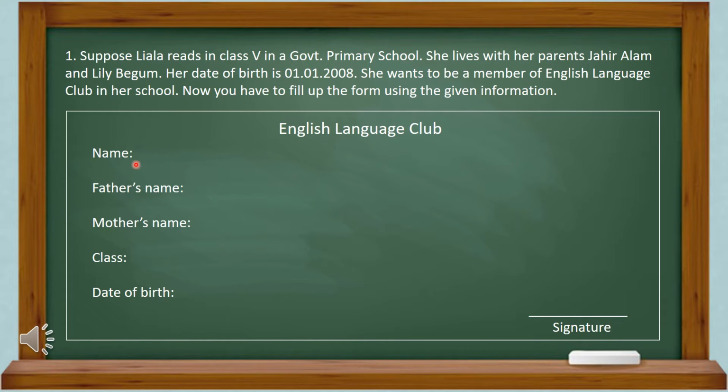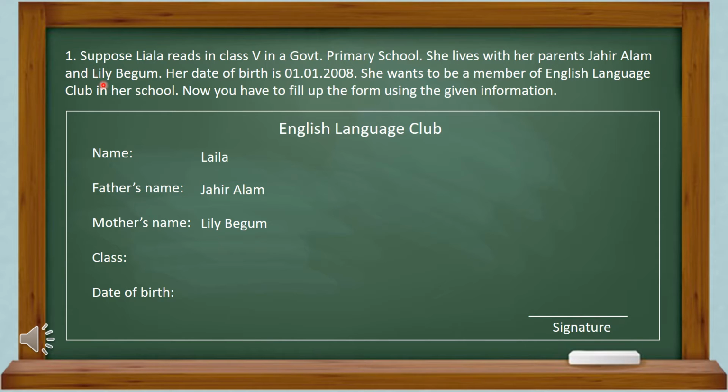So here we can see name. In the question, the name is given, that means Laila. Now the father's name is Jahir Alam. Mother's name is Lily Begum.